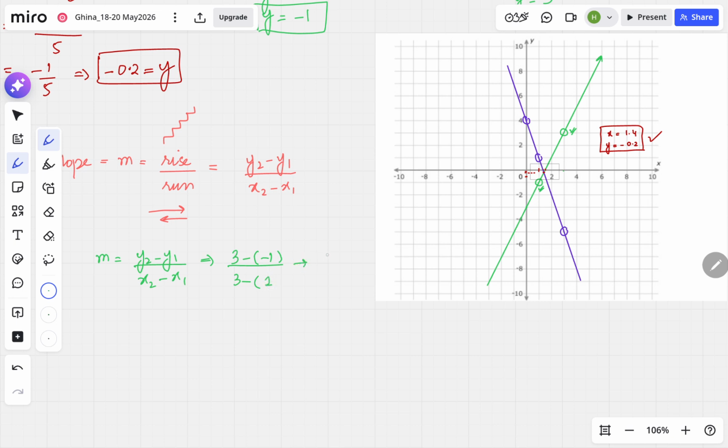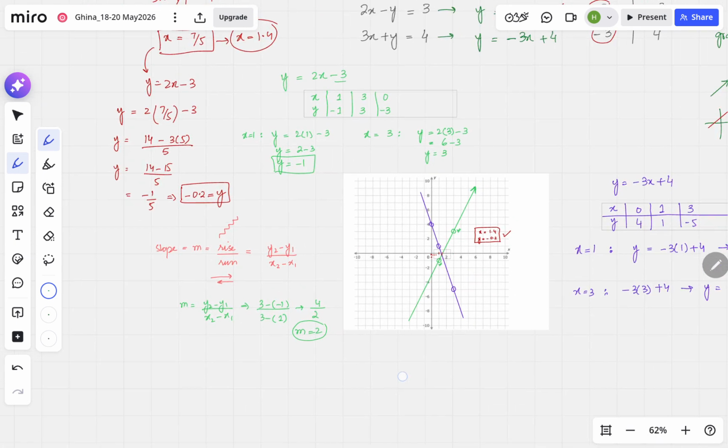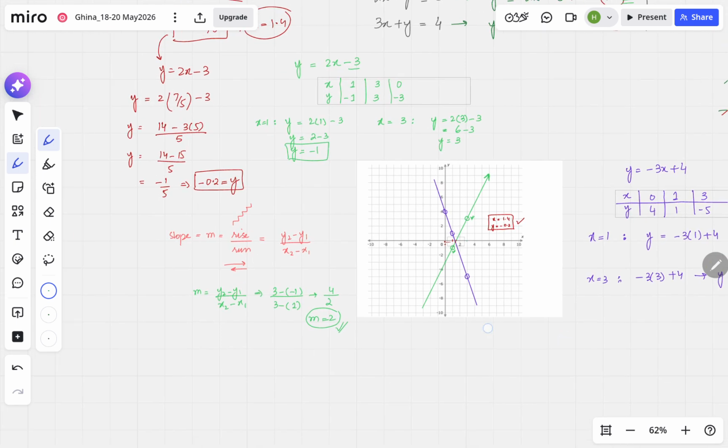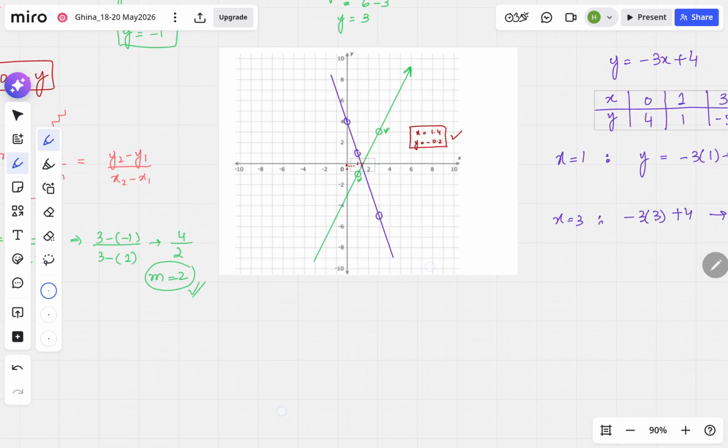So this will give me 4 over 2, and my slope for this green one is 2. You see the green one is going upward, so it has a positive slope, and this slope also matches with this one.